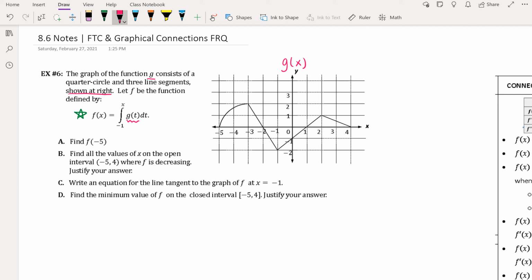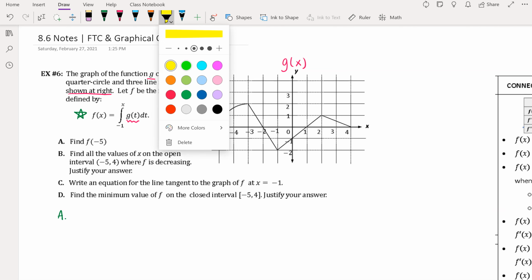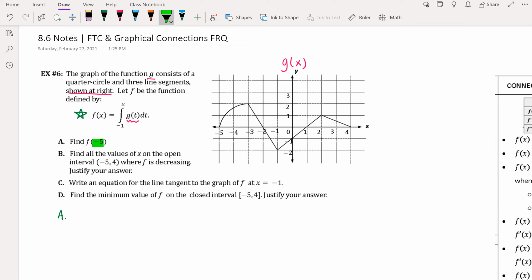Okay, cool. So now for part A. Part A, find f of -5. Part A should be our easiest question on this FRQ because all we have to do is plug in -5. So where do we plug it in? We plug it into the parentheses here for x, and where do we see x? Right there. So we're going to plug in -5 for x.